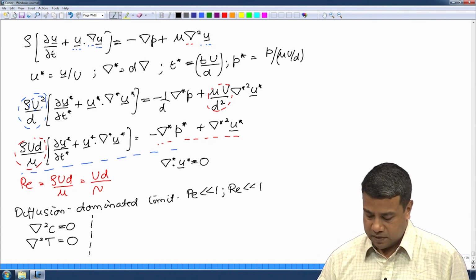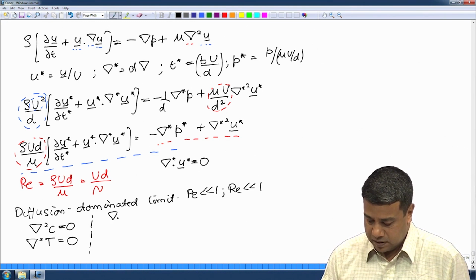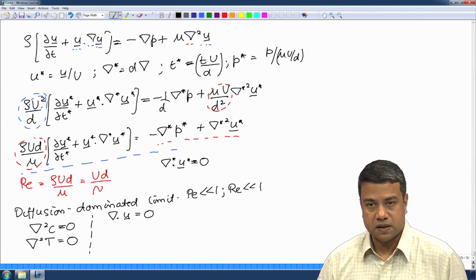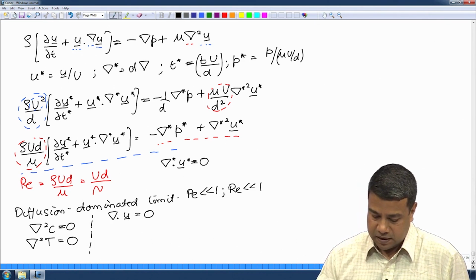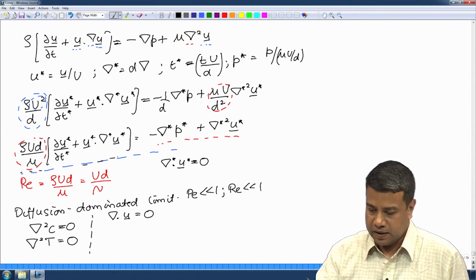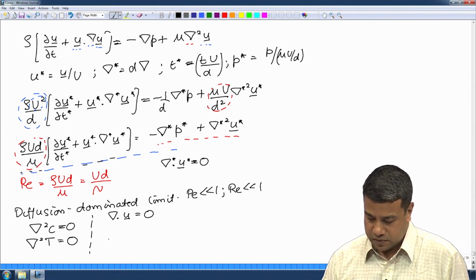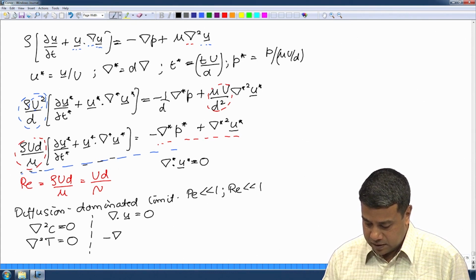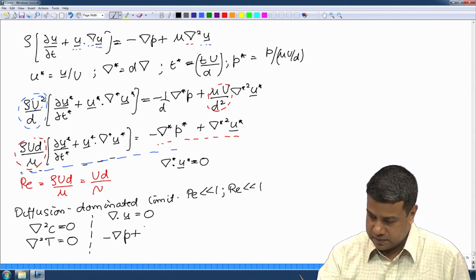For momentum transport, it is slightly more complicated. Del dot u is equal to 0 is the mass conservation condition, and if I neglect the inertial terms in the limit of the Reynolds number being small, the conservation equations reduce to minus grad p plus mu del square u equals 0.